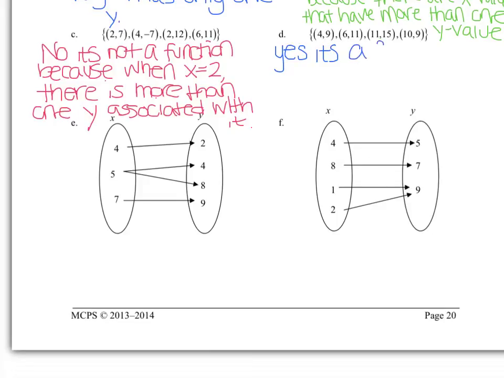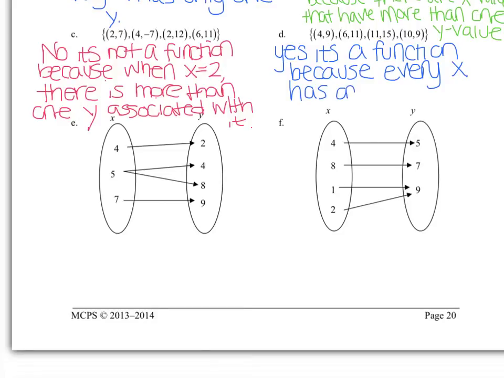So yes, it's a function because every x has only one y associated with it.